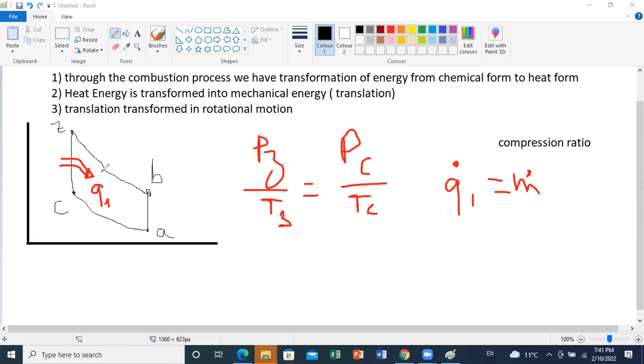Q dot 1, which is the heat rate, is m dot, the mass flow rate circulating, times the specific heat at constant volume.